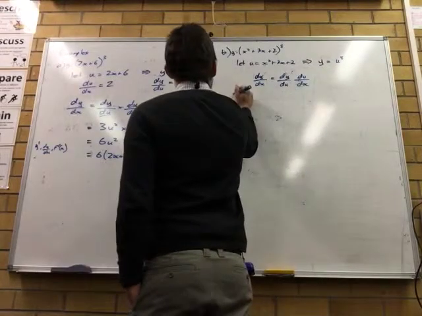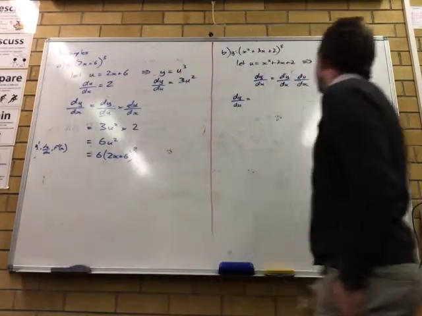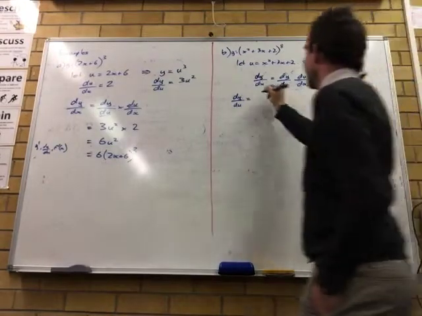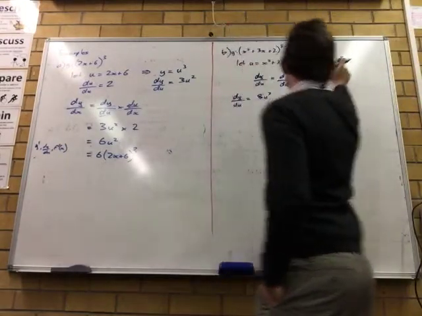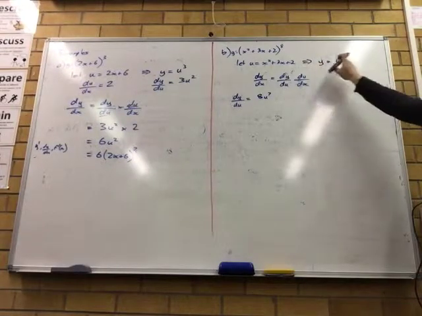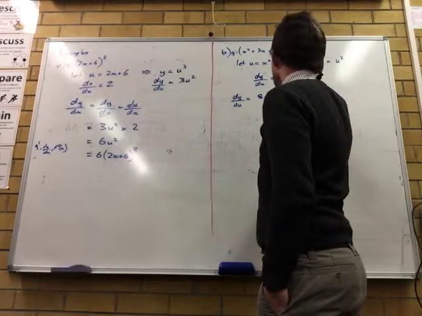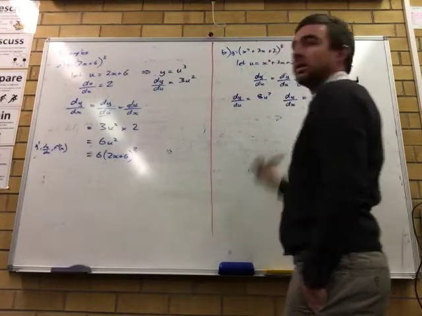So dy over du equals what? Good, 8u to the power of 7, differentiating y with respect to u. And du over dx.